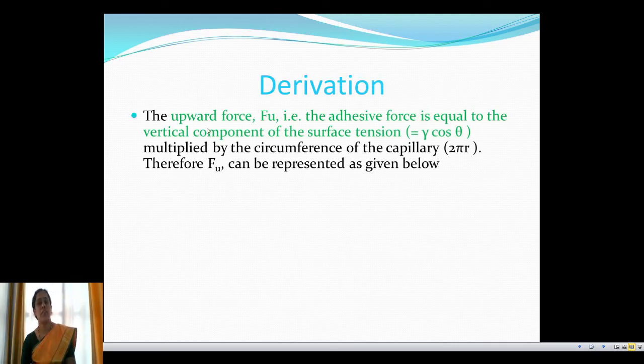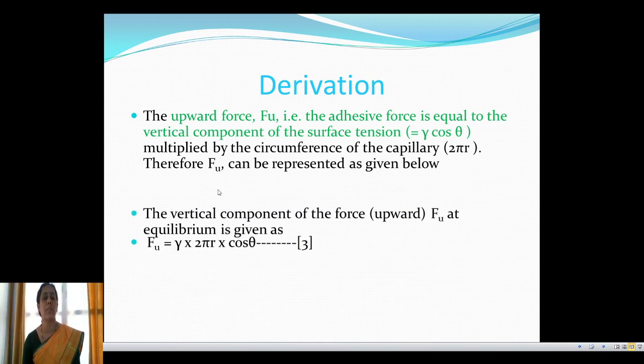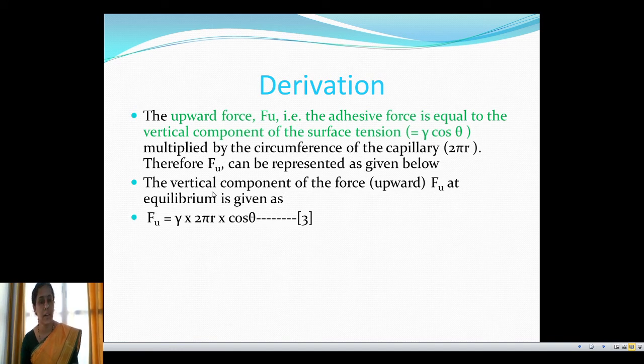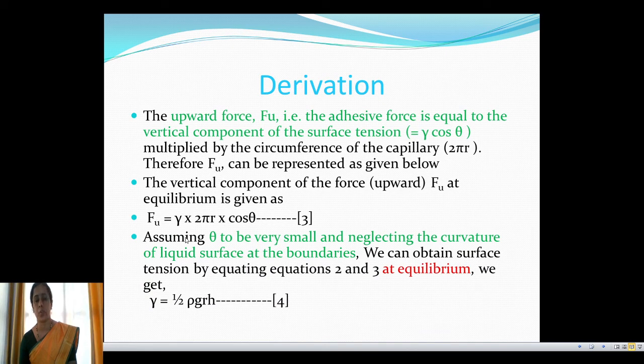The upward force Fu, that is the adhesive force, is equal to the vertical component of the surface tension, that is gamma into cos theta into the circumference of the capillary, which is 2 pi r. Therefore, the upward force can be represented as Fu equal to gamma into 2 pi r cos theta.